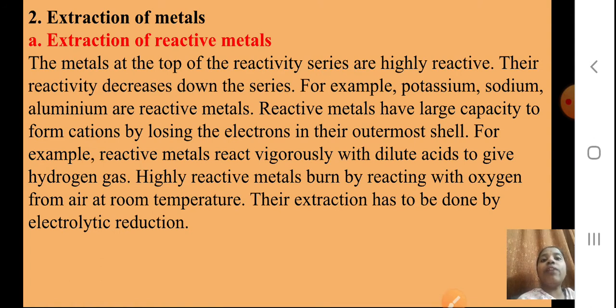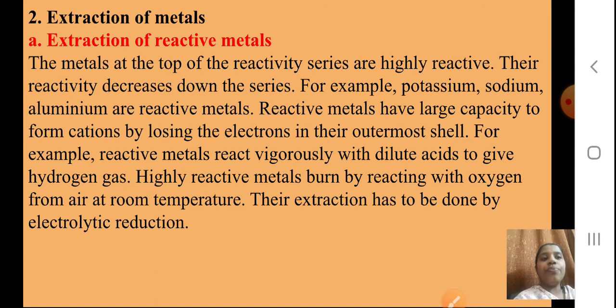Now the second part which we are going to study is the extraction of metals. First we will see how we can extract the reactive metals. The metals at the top of the reactivity series are highly reactive. Their reactivity decreases down the series. As you come from up to down, reactivity will go on decreasing.